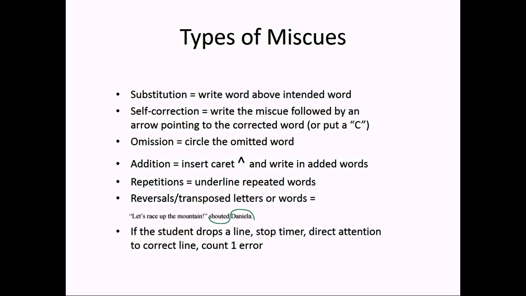If the student drops a line, stop the timer, direct attention to the correct line, and count that as one error. So if the child skipped a whole line of text, do stop the timer, tell them where to start reading again, turn the timer back on, and count that as an error.